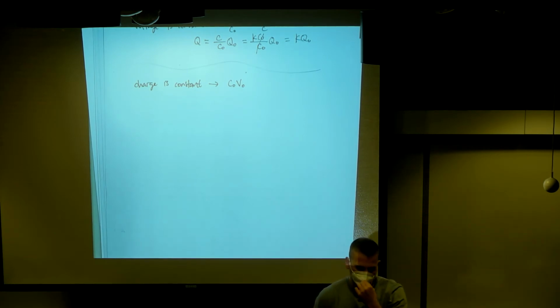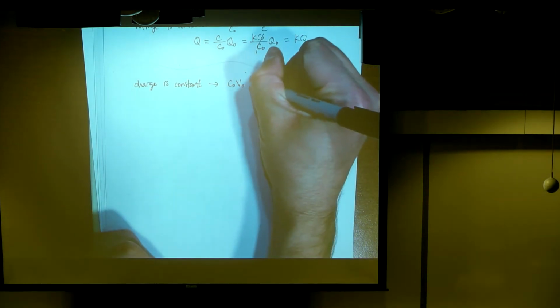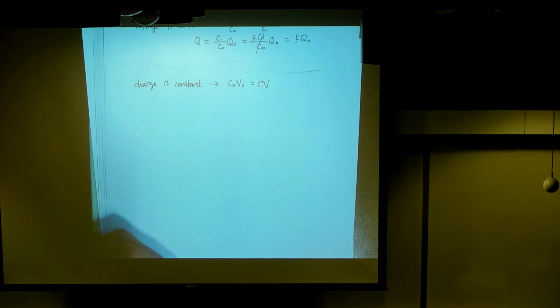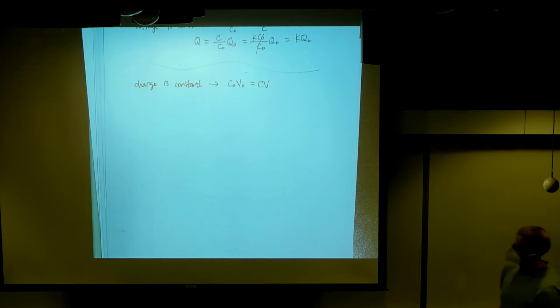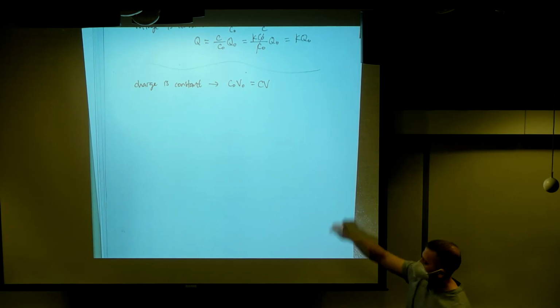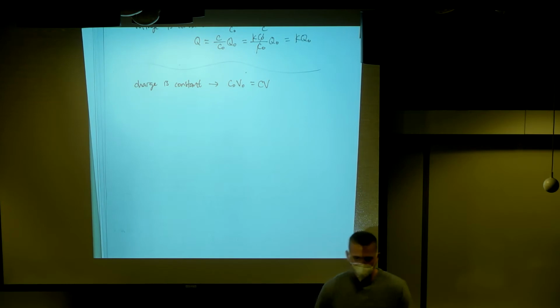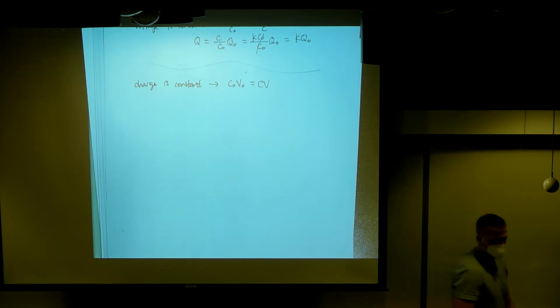And then after we've added the dielectric, we're going to call that C times V. Does that make sense? So we're just saying the charge initial equals the charge final before and after adding the dielectric, because it has nowhere to go. Remember, that's the idea.